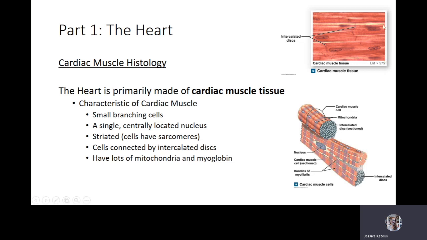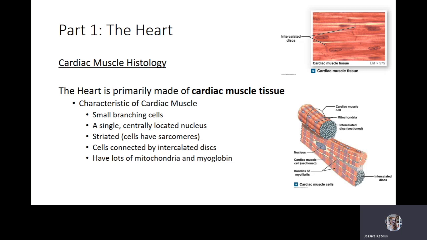Over here we can see an image of cardiac muscle tissue as though it would be under a light microscope. We can see some of the features that we saw in the past, in that it's going to have short cells, and these short cells are going to be branched.